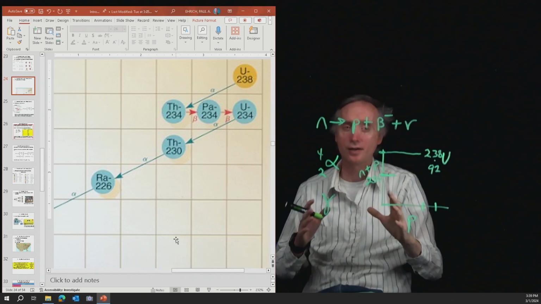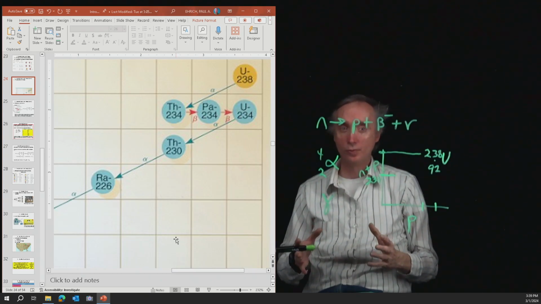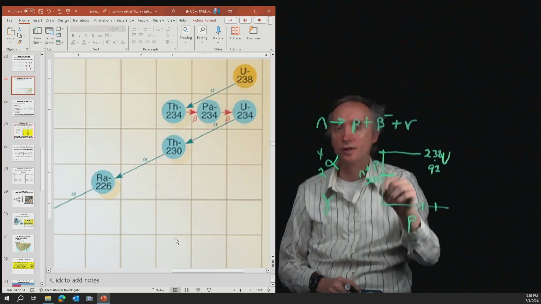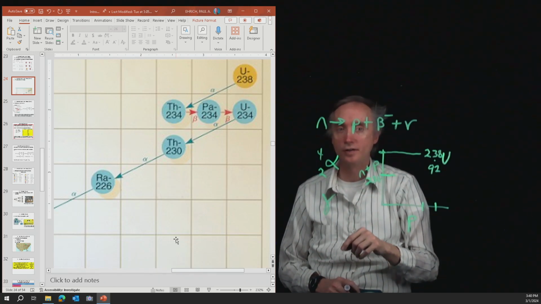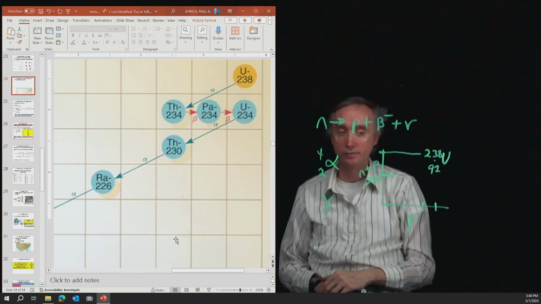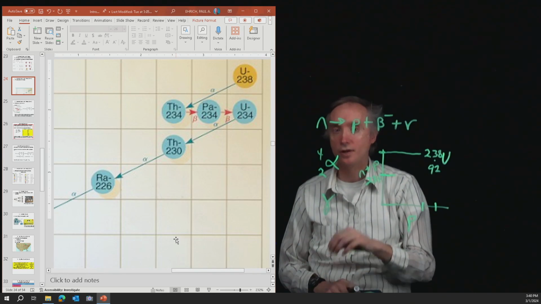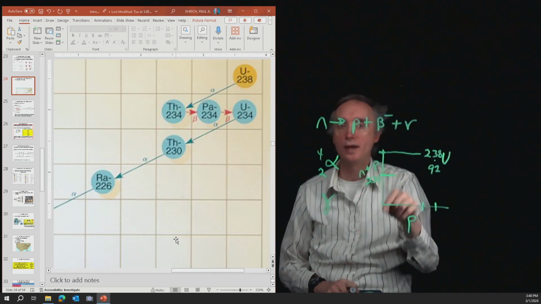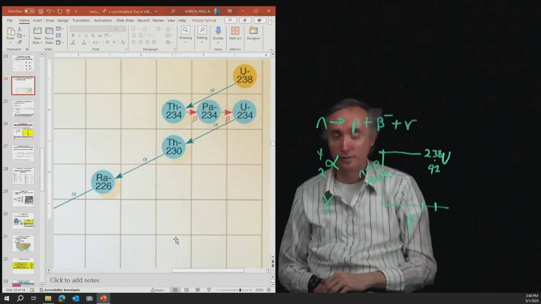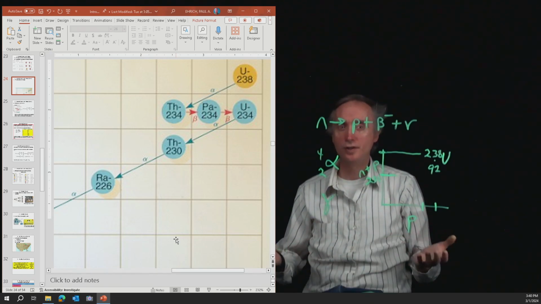Now, I'm not trying to overwhelm you with all of this, but I just want you to see that even the next one, which is, I believe, protactinium-234, is not happy. It's still radioactive. And so it is going to give off a beta particle, and it's going to turn back into uranium. You're saying, well, what good did that do?